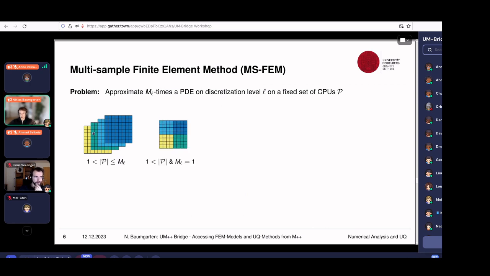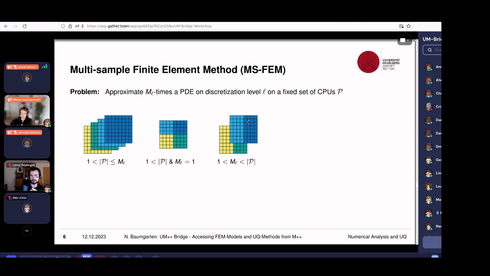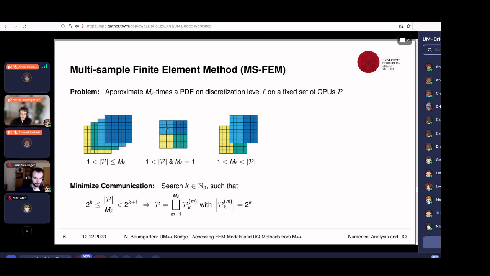In multi-level Monte Carlo, you usually have this case in between where you have sometimes a few samples less than the amount of processing units, and the optimal parallelization scheme to minimize the communications would be to split up the set of processing units into subsets and parallelize on these subsets. And this case here in the middle is basically the classical domain parallelization in finite element methods.